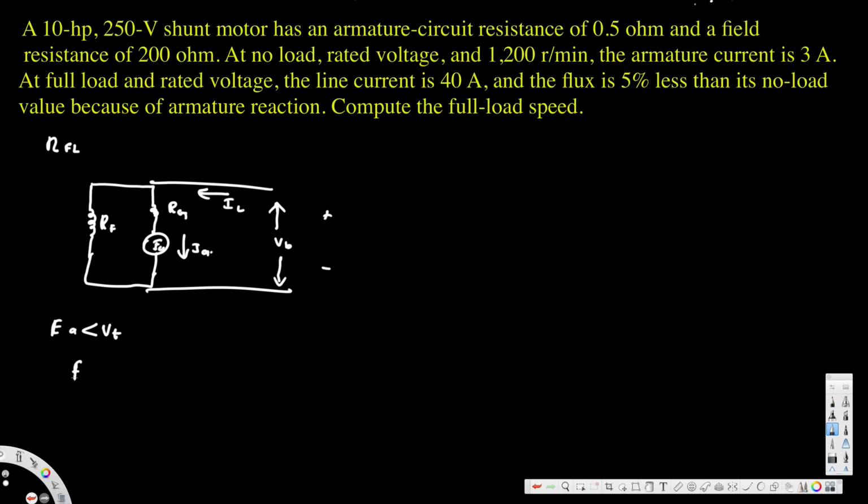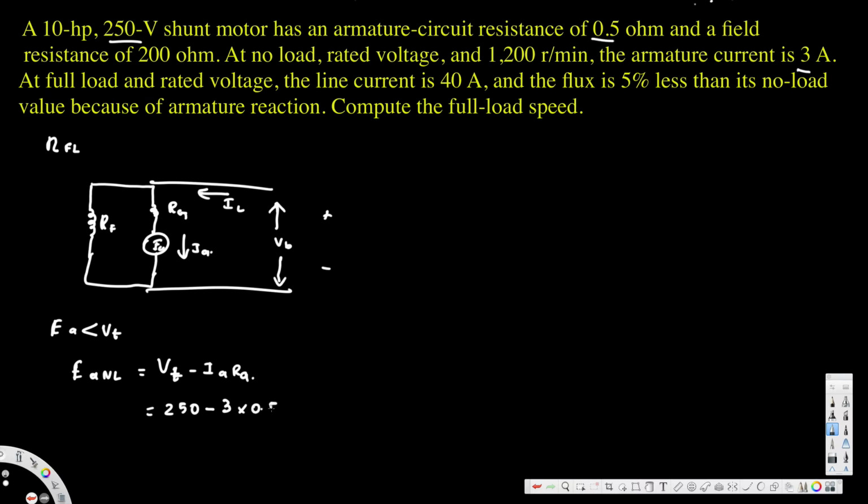Now to find EA no load, this is the formula: VT minus IA RA. VT is given right here, 250 voltage. 250 minus the current, which is given as 3 ampere, times the resistance, that is 0.5 ohm.